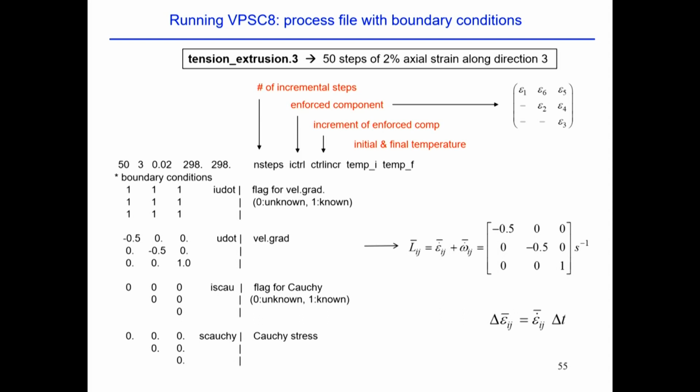We will see how that is controlled, but we are not going to do creep. If you control the stress, then it is a creep simulation. We are not going to be doing those examples, but you can do those with the code.